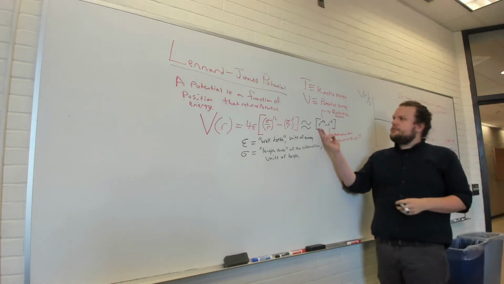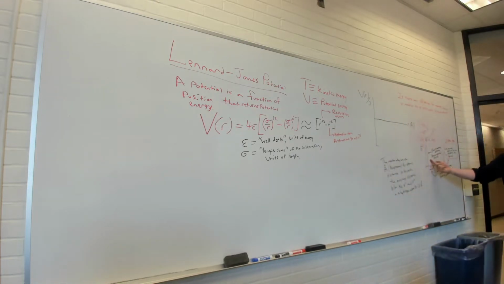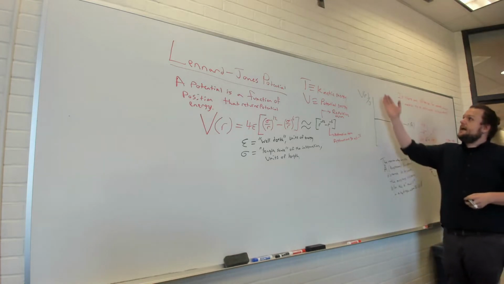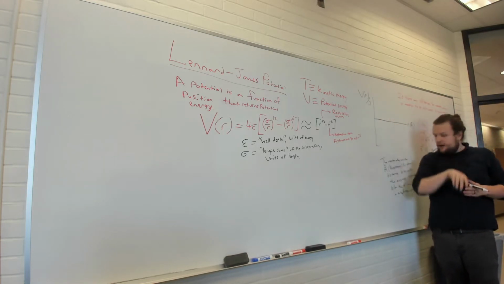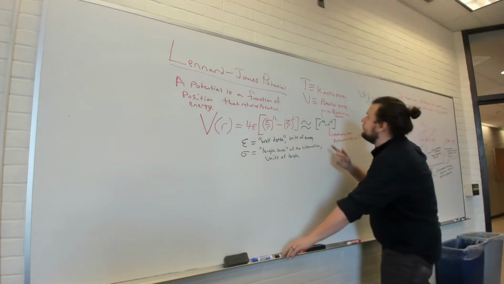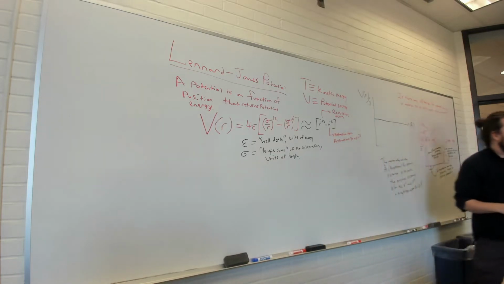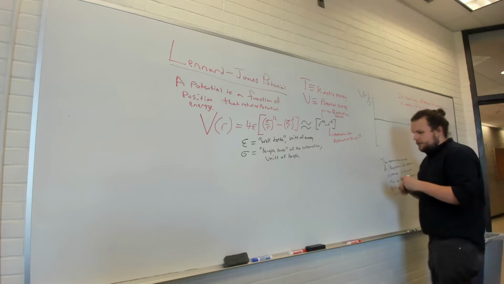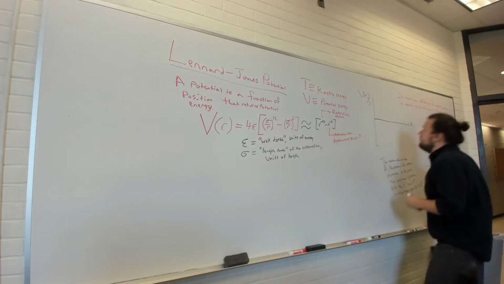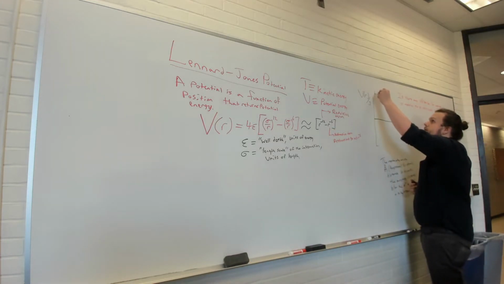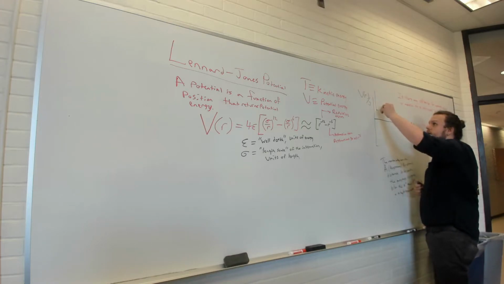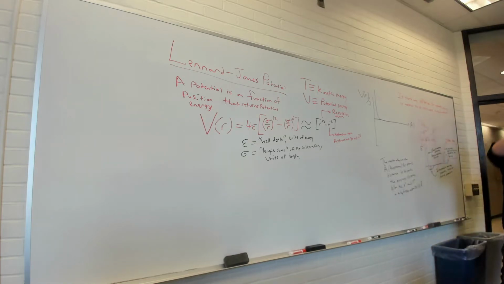So when the atoms, just like here, we can just reproduce this graph effectively. When the atoms are really, really close together, they're highly repelling, right? They repel as a function of r to the 12th. So let me use blue for this. Right, you have this very steep function at low distance.